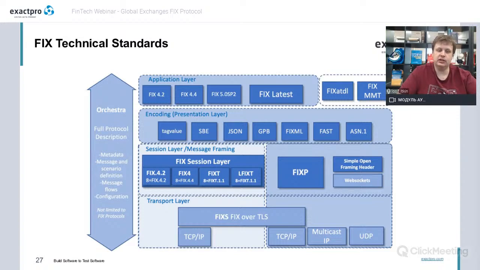There are other encoding standards with various focuses, to compress traffic like FAST, to make communication faster like simple binary encoding, etc. And the application layer are the messages themselves, the messages that are sent between different computers, different robots to communicate between the trading parties.